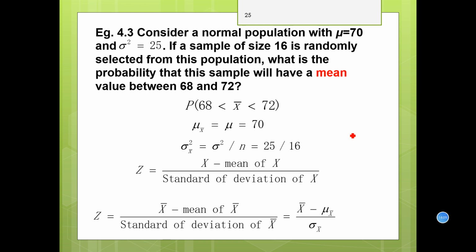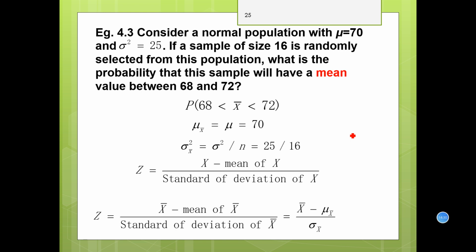Okay, so here this is another question. It's more complex. So we can find that it has the same information but a different question.